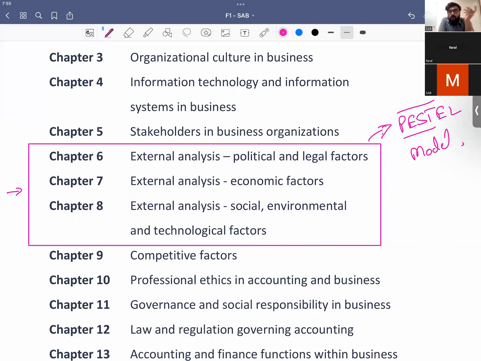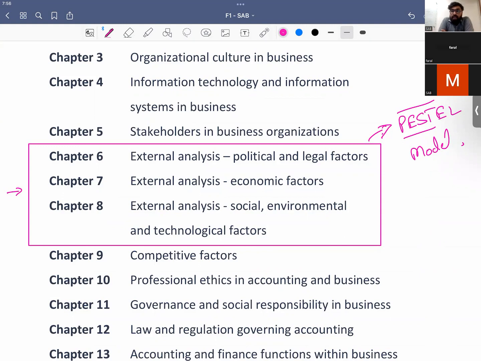You need to understand the political, economic, social, technological, ecological, and legal factors to expect whether we should go there or not, right? If you are a multinational billionaire and want to open a company in Pakistan, you need to do the PESTEL analysis in Pakistan to identify feasibility, right?